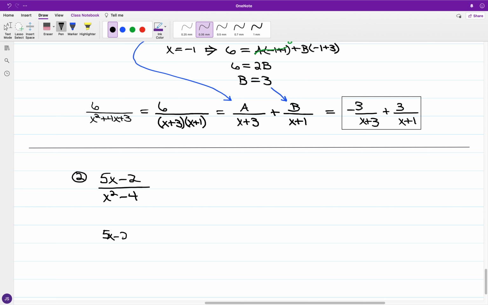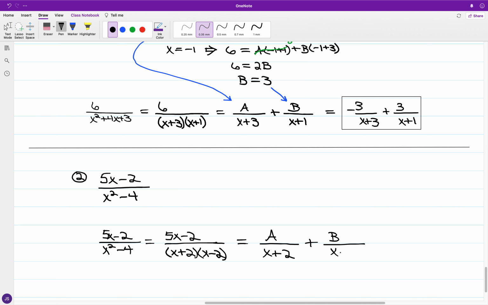In the denominator we have a difference of squares, so we have 5x minus 2 all over x plus 2 times the quantity of x minus 2, and looking at forming partial fractions, we'll say we have A over x plus 2 plus B over x minus 2.